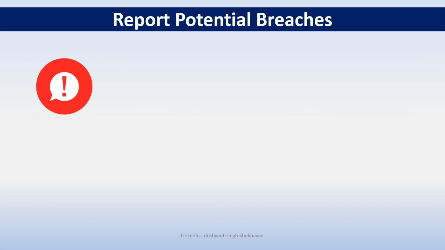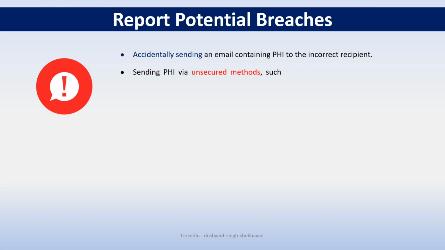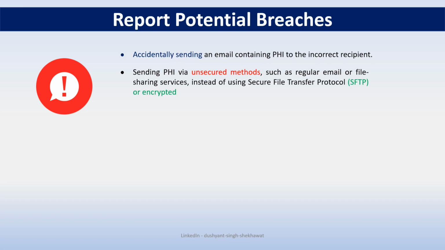Incidents can take many forms, such as accidentally sending an email containing PHI to the incorrect recipient, or sending PHI via unsecured methods like regular email or file sharing services instead of using secured file transfer protocol or encrypted channels, which can lead to potential breaches.